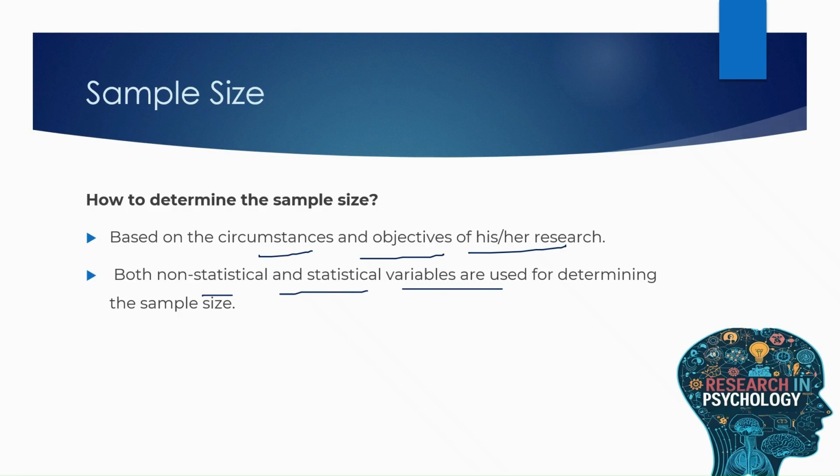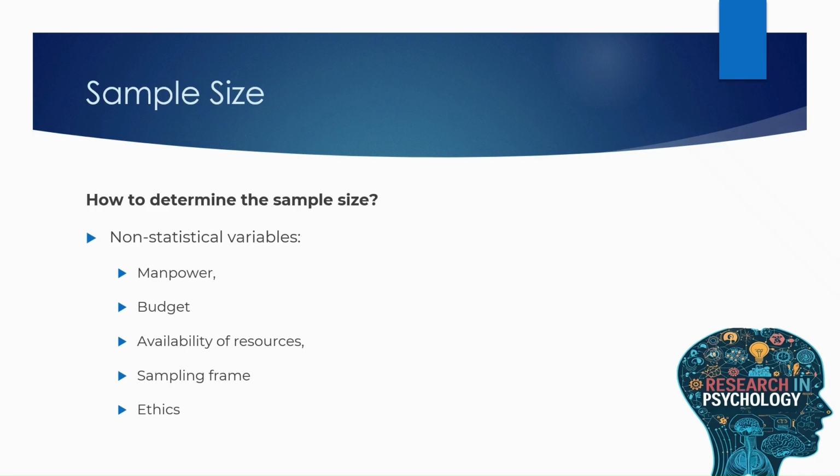The non-statistical variables include manpower, which means how many people you have got to help you in your research; budget, which is the money involved; and availability of resources. It could be any resource, like your stationery, the travel contingency, or the literature. Anything that you use would be a resource.